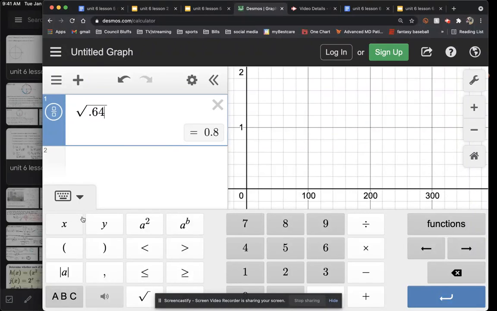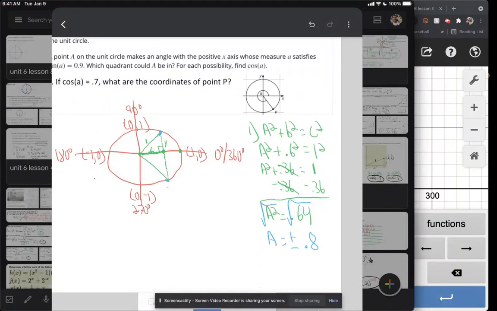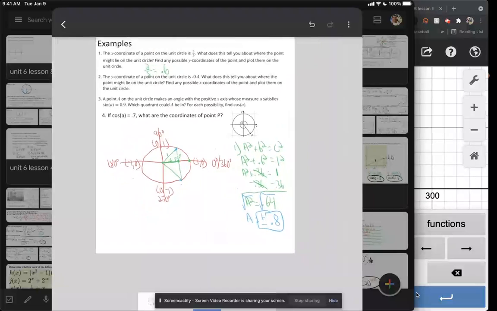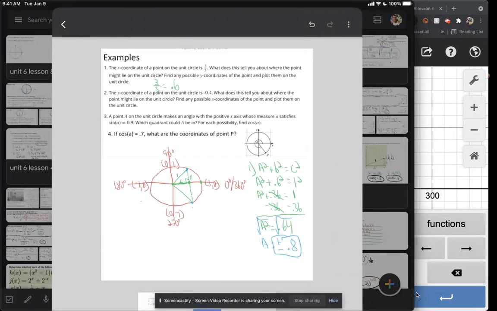So my two possible y values are positive and negative 0.8. And again, how did I do that? I used the Pythagorean theorem. So the answer to number 1 is positive and negative 0.8.